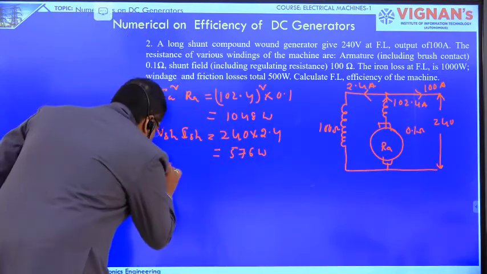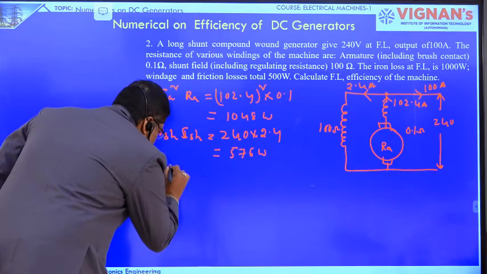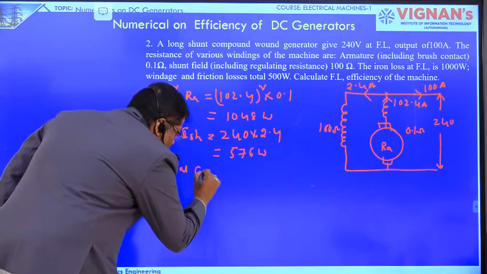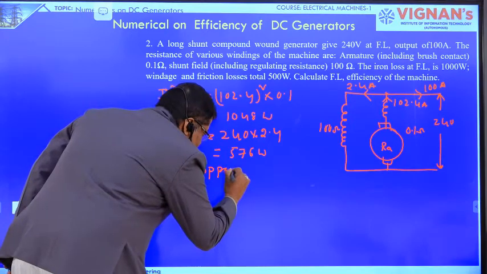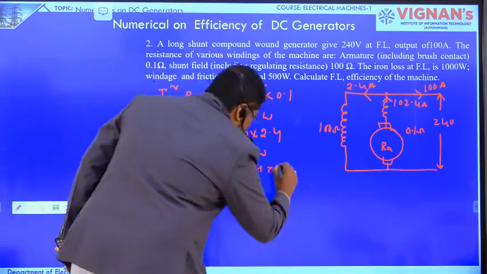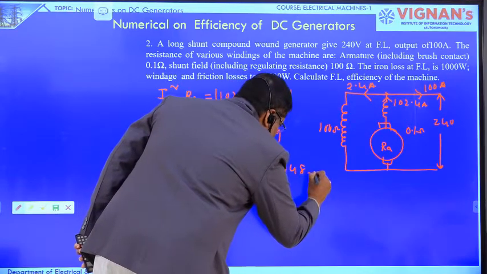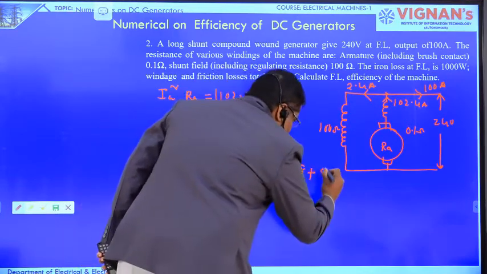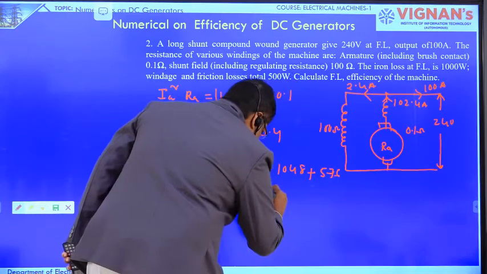Total copper loss is equal to the sum of these two losses, 1048 plus 576.